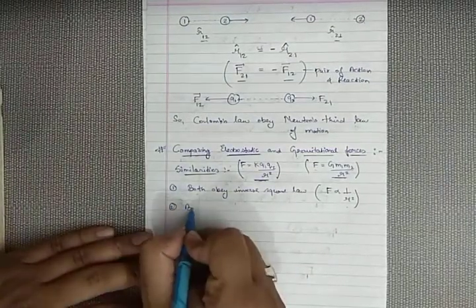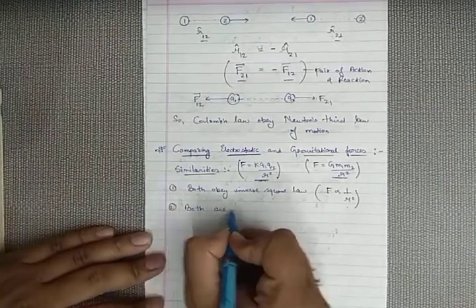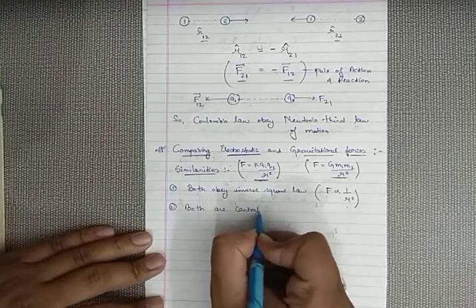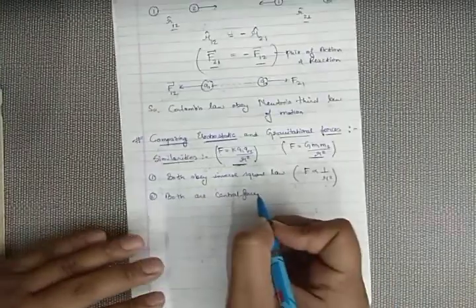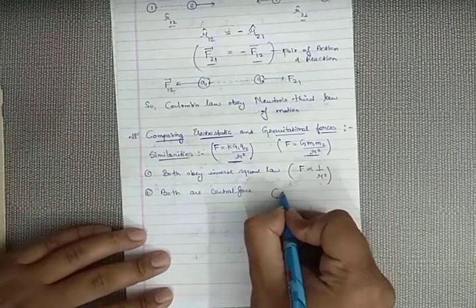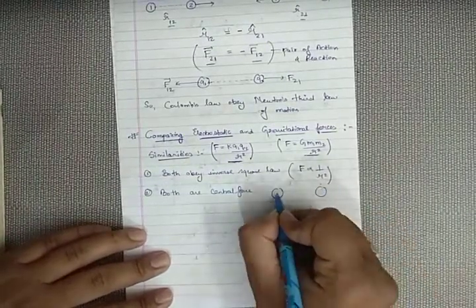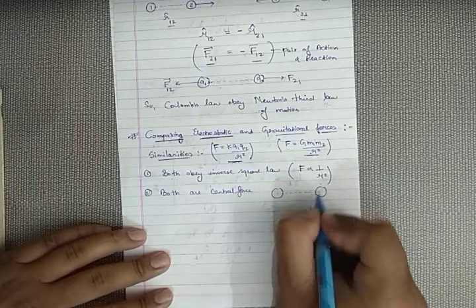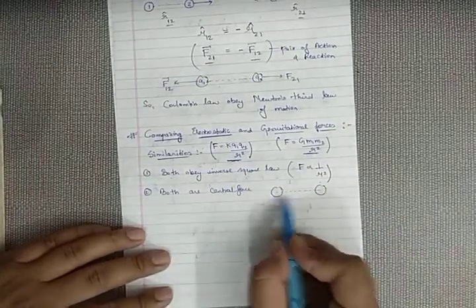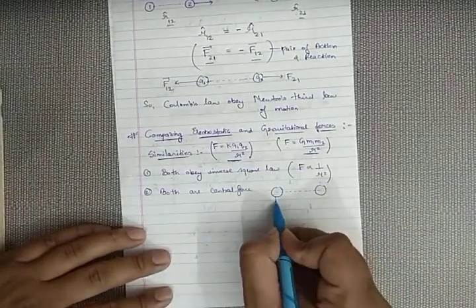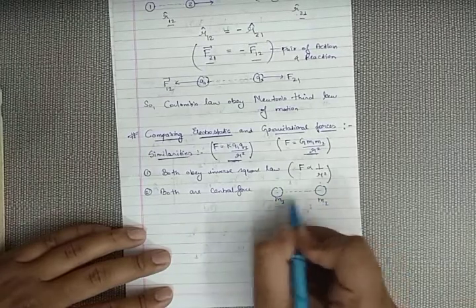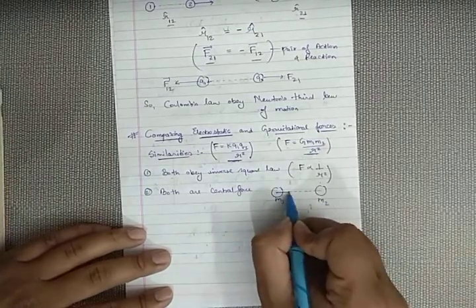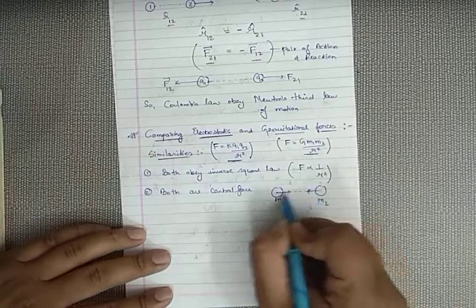Second, both are central forces, which means they act from the center of one body to the center of another body along the line. If this is mass m1 and mass m2, then the gravitational force will act along the line joining their masses.